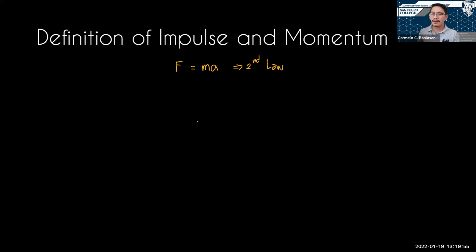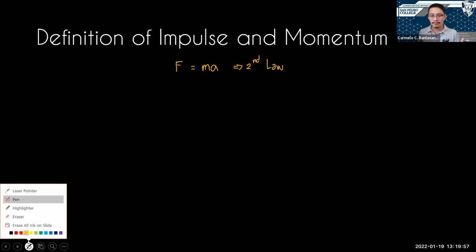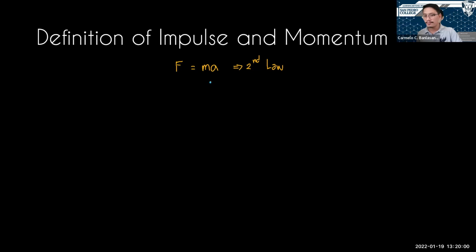However, we already know that acceleration is defined as the final velocity minus the initial velocity divided by time. Right? During our discussion on kinematics, we learned that acceleration is equal to final velocity minus initial velocity divided by time.